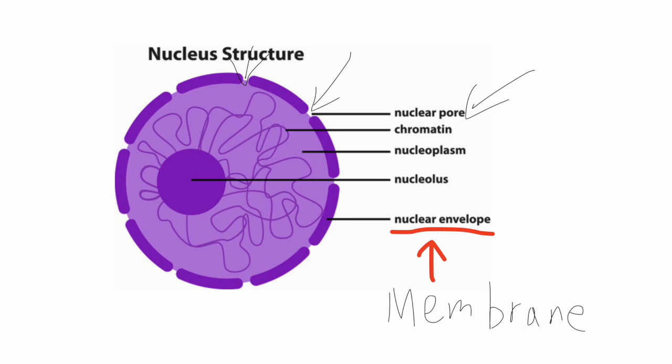So it's basically the exit. And then over here we can see the nucleoplasm. This rings a bell. Cytoplasm, right? Nucleoplasm basically is the cytoplasm, but inside the nucleus. It's just a bunch of liquid for the chromatin to float around in.